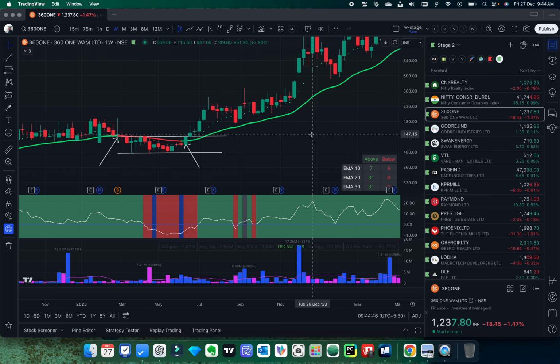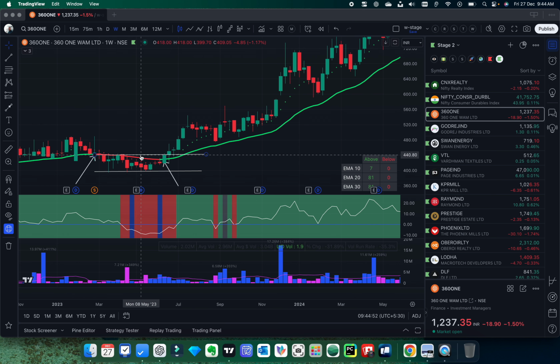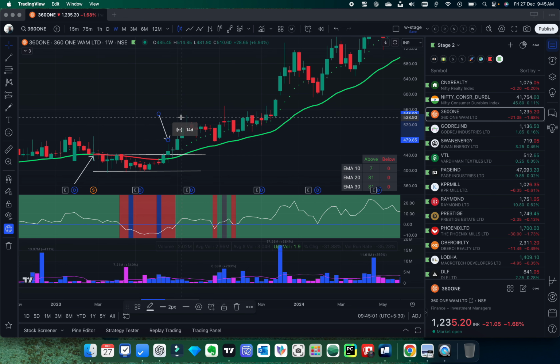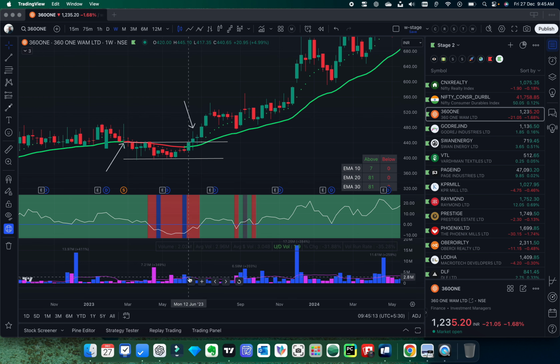So ideally what we should have done is, when we see such a candle, when we see the price is closing above, we should wait for the follow-through days. So for this candle we will wait for this candle to get formed, and as soon as we see there is a green candle and RS is increasing, but still the volume is not favorable here as it is low, but before the breakout candle, the volume is good.